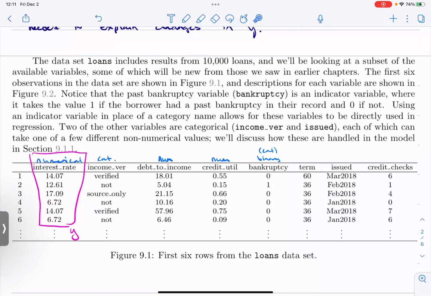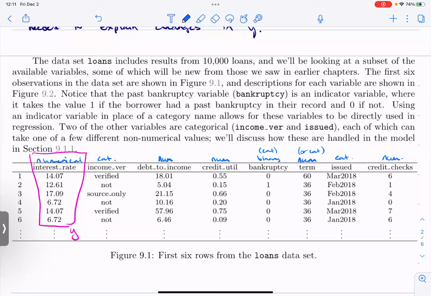But it is numerical, or categorical if you need it to be. You're usually safe to just keep it numerical though. The date it was issued, or at least the month, is categorical. And then the number of credit checks is numerical.